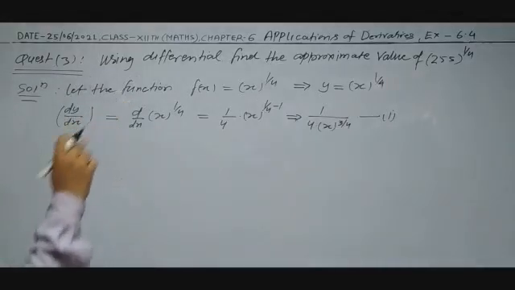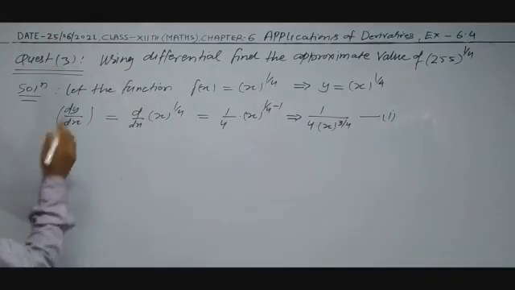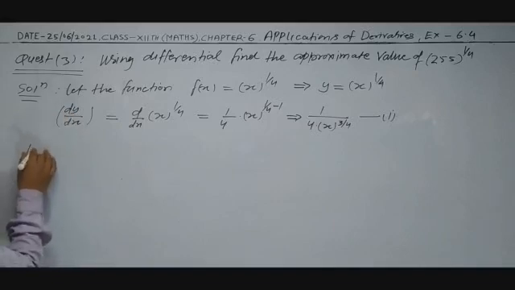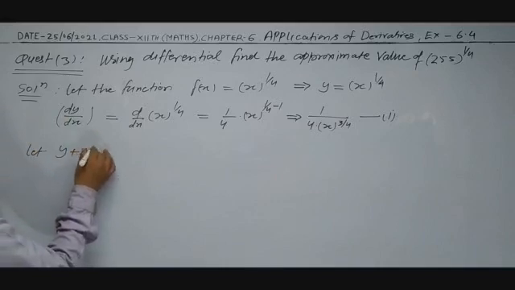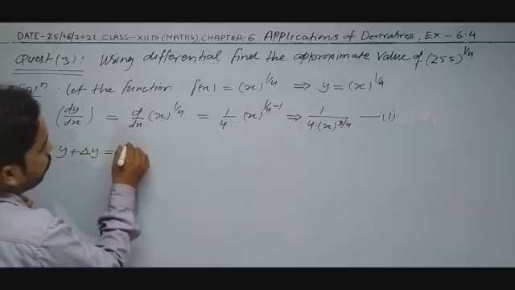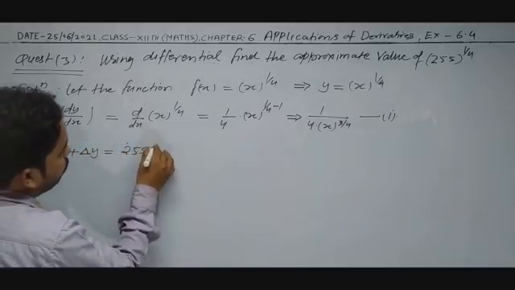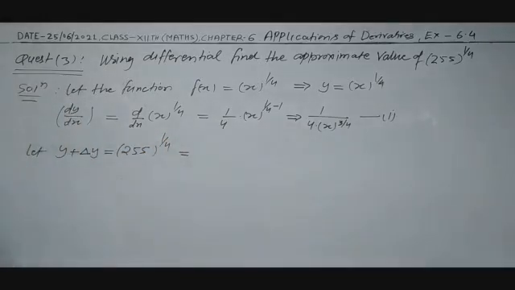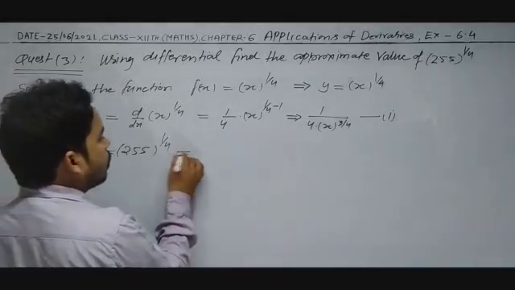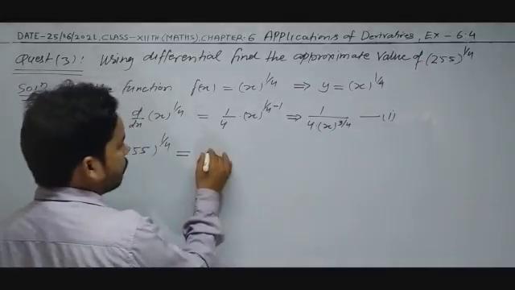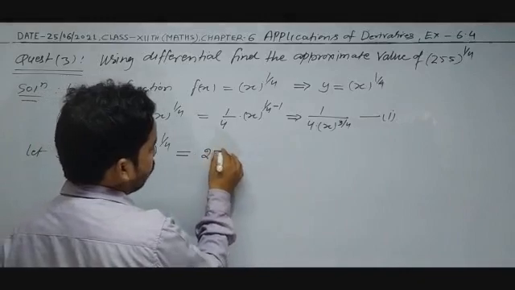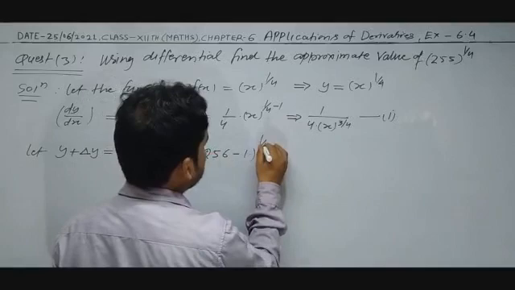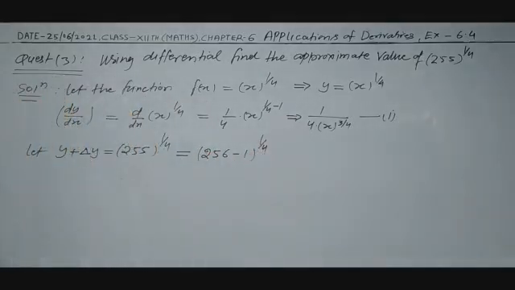So now the value we have to find out: let y plus del y is equal to 255 to the whole power 1/4. 255 to the power 1/4, in terms of an exact fourth root number, can be written as 256 minus 1 to the power 1/4.